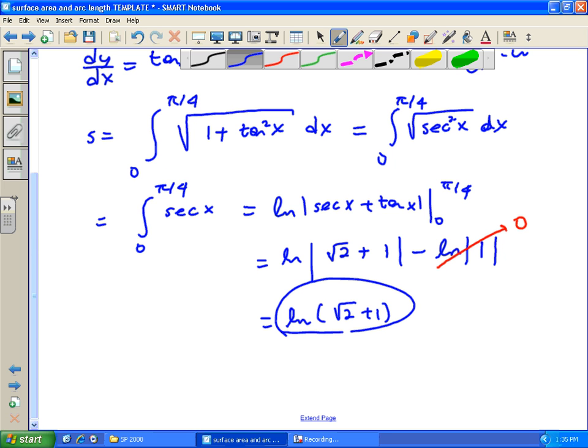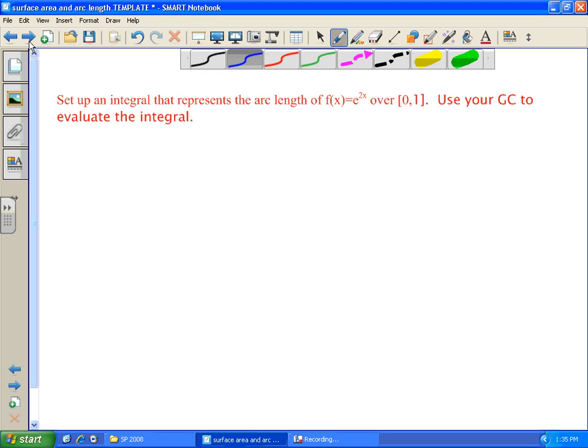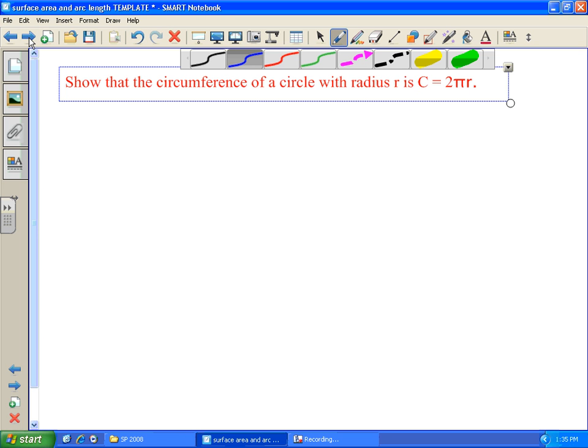Okay. There's an example I want to be able to get to today, but just in case I don't get to it, I want to at least show you what it is, and maybe you can start working on it over the weekend, and you can ask me about it next time. The example is this one. Show that the circumference of a circle with radius r is the formula we well know, which is 2 pi r.